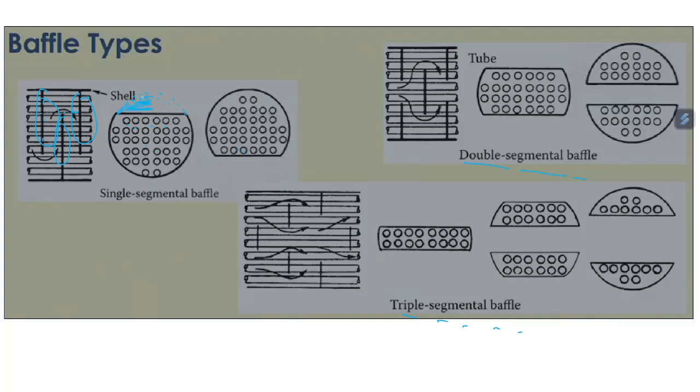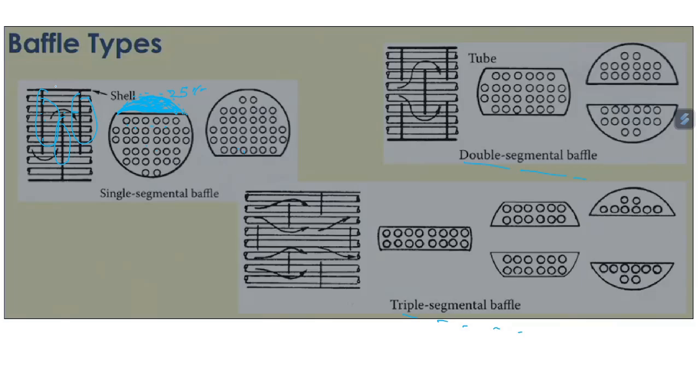This much portion is removed from this baffle. So this is nothing but the baffle cut. The baffle cut percentage we are taking is 25%. So 25% of the baffle is cut. That's what it means. Now let us go to our simulation window in DWSIM and actually solve the problem.